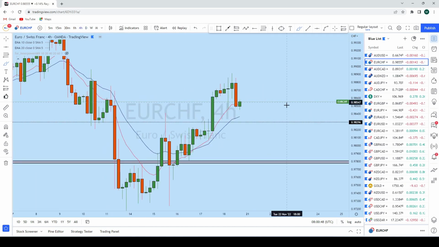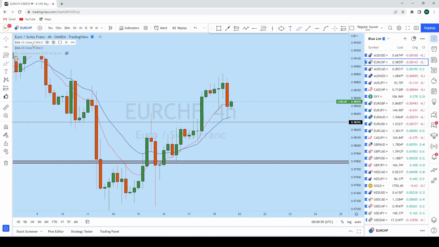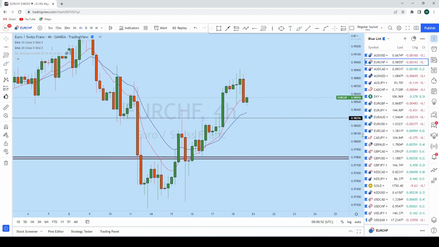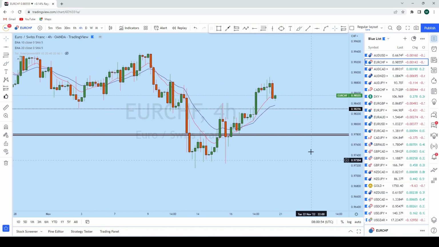Now if you look at the intraday perspective on the 4-hour time frame, we have already seen a newly developed uptrend created with this double top formation here, a reversal, strongly rejected to the upside, penetrating this double bottom neckline. This is the previous resistance, which is turning support here.